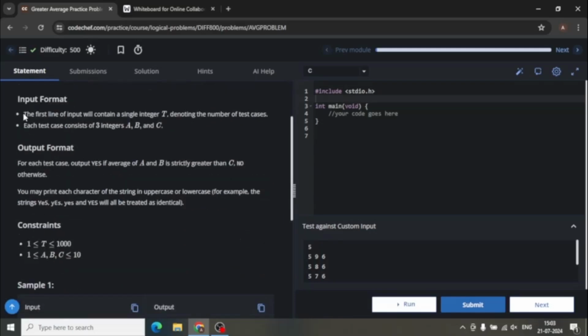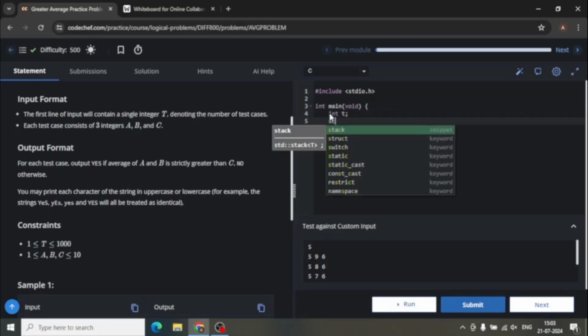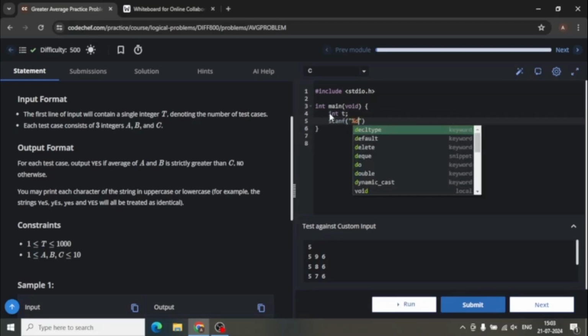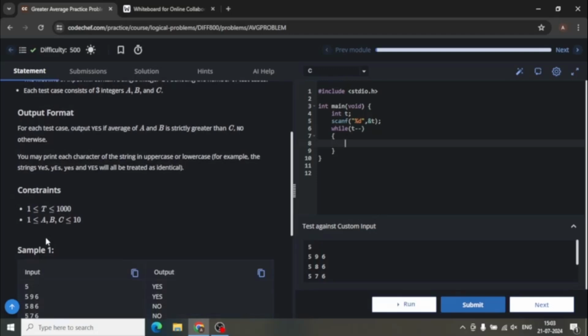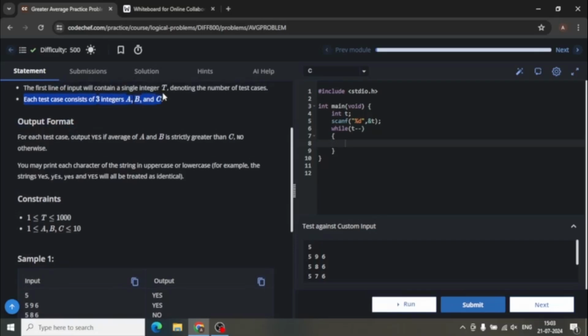The first line of input contains a single integer t, which basically means the total number of cases. We will get A, B and C as input, so we have to declare and scan it.